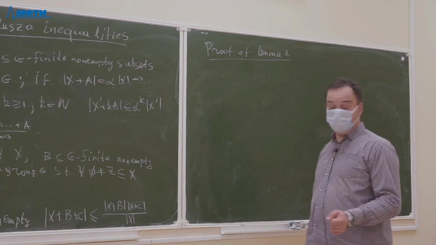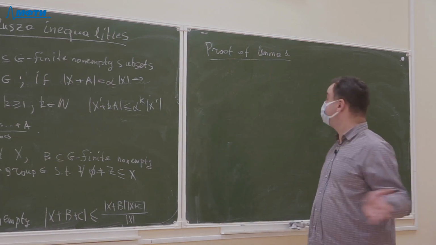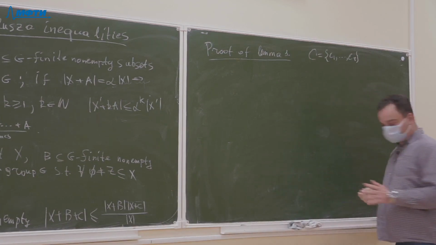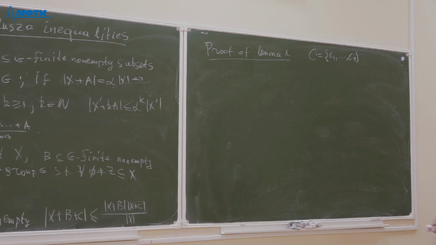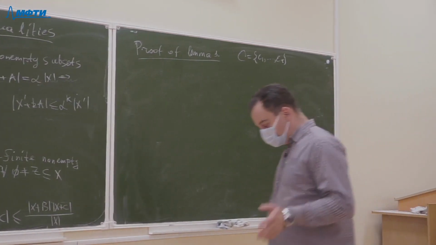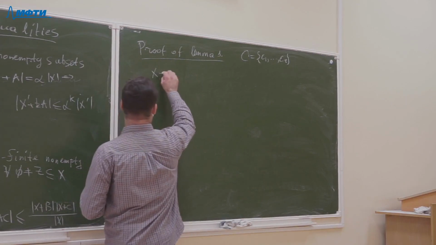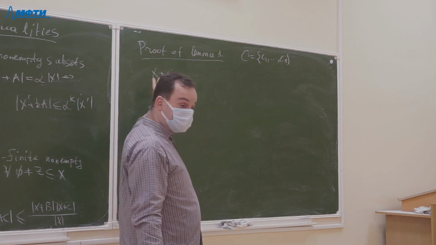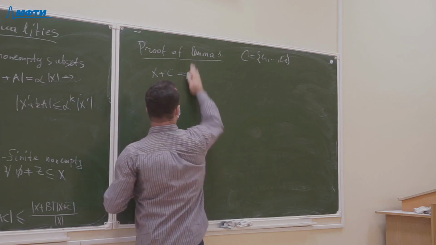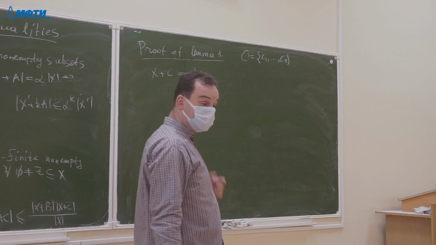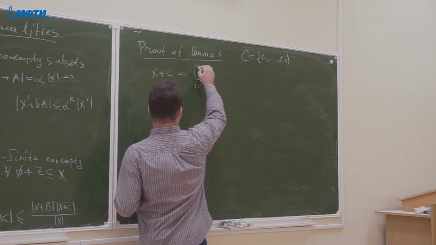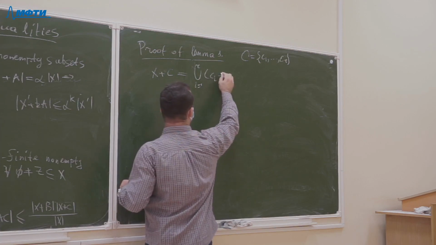Well, we take and number somehow all the elements of C. Now let's work with the set X plus C. First, represent it as the union over i from 1 to r of c_i plus X, right?